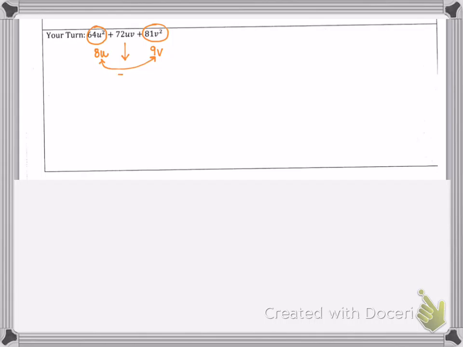So this gives us 72uv, but we would have to double this. And because the middle term is just the product of the two square roots, this does not work. So this is actually not a perfect square trinomial, and you're going to write NF, which stands for not factorable.